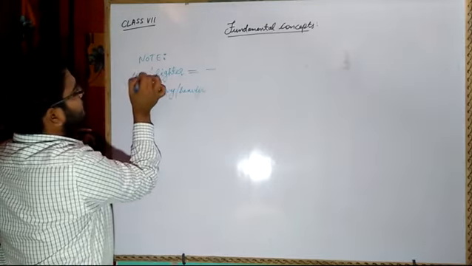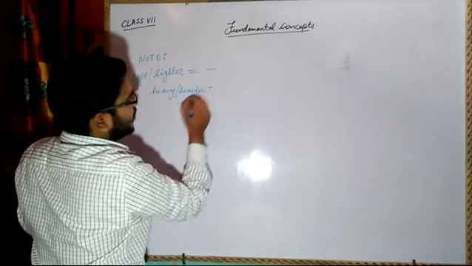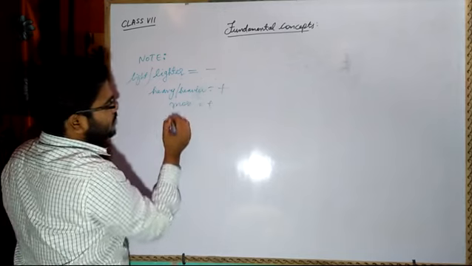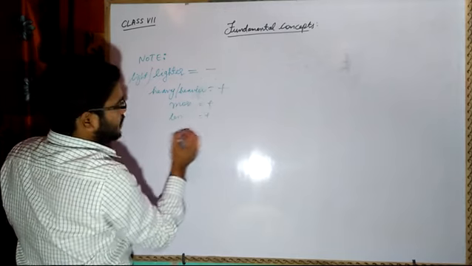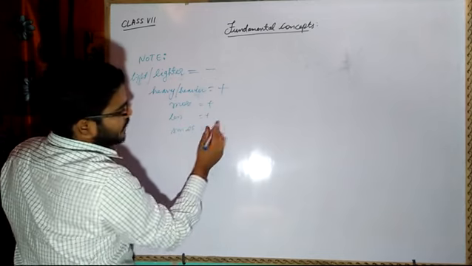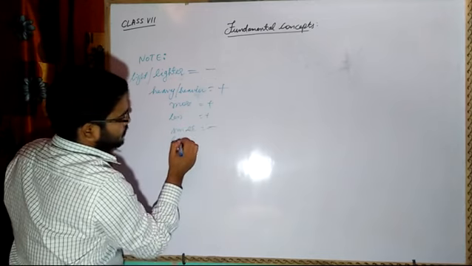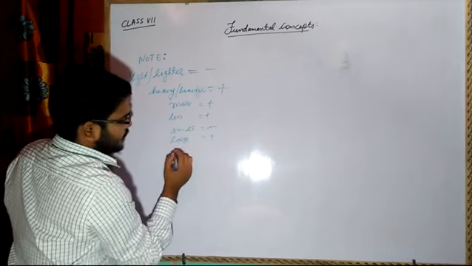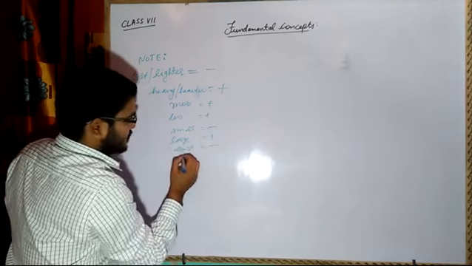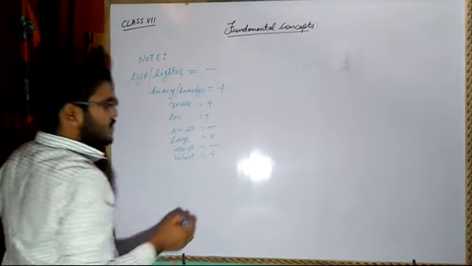Light or lighter is negative. More means plus. Small means negative. Large, plus. East, you can take as negative. West, you can take as positive.